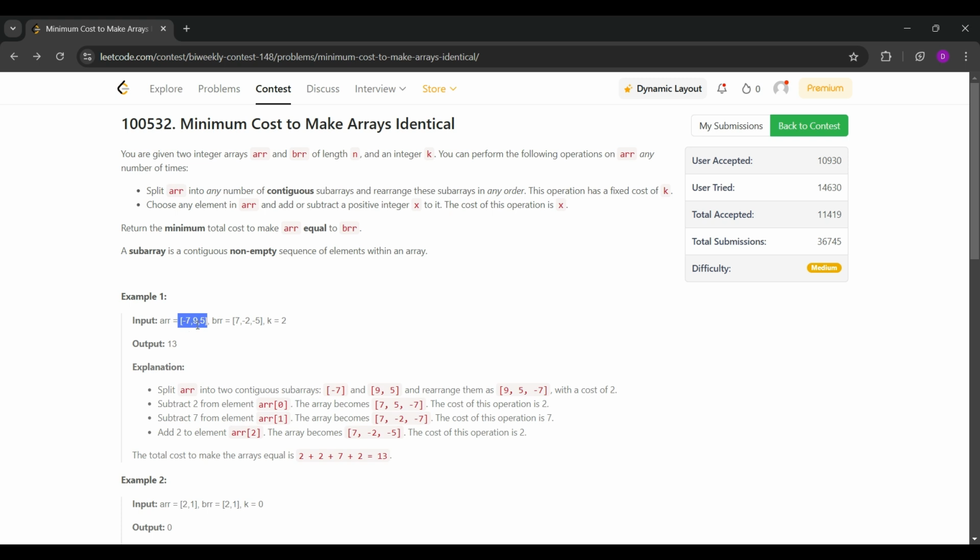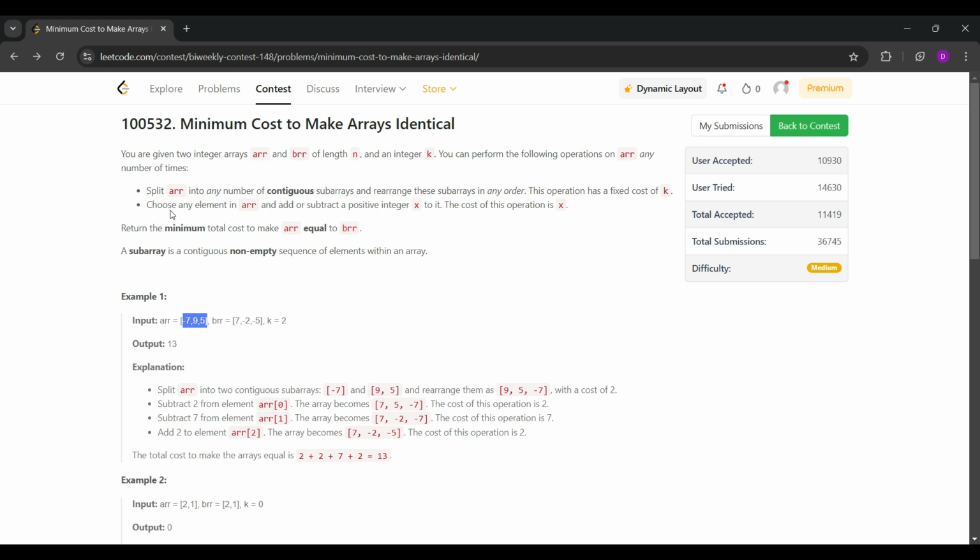I have to split it into some contiguous subarrays, for example minus 7 and then 9 5, or maybe minus 7 9 and 5, and I have to rearrange, so the final array will be 5 minus 7 and 9. Similarly, you can think of any further permutations.